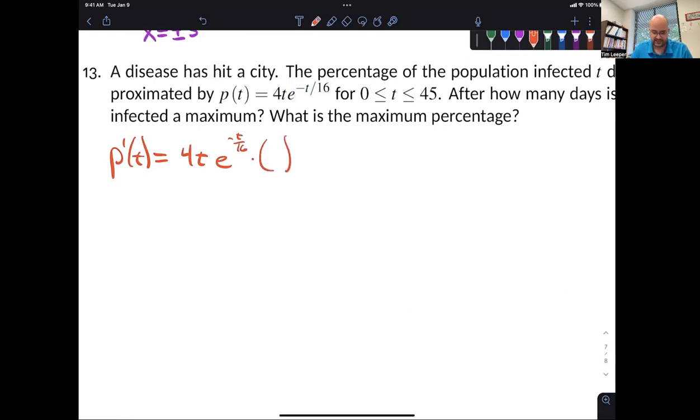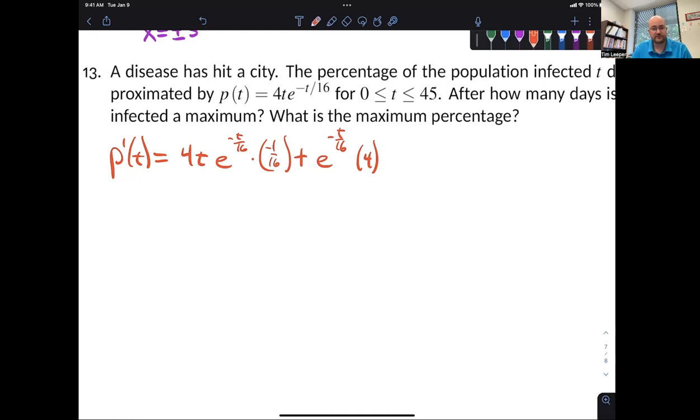The derivative of the exponent, negative t over 16, is negative 1 over 16, because the t just goes away. Then plus the second function, e to the negative t over 16, times the derivative of the first, which is 4. And that's the derivative.